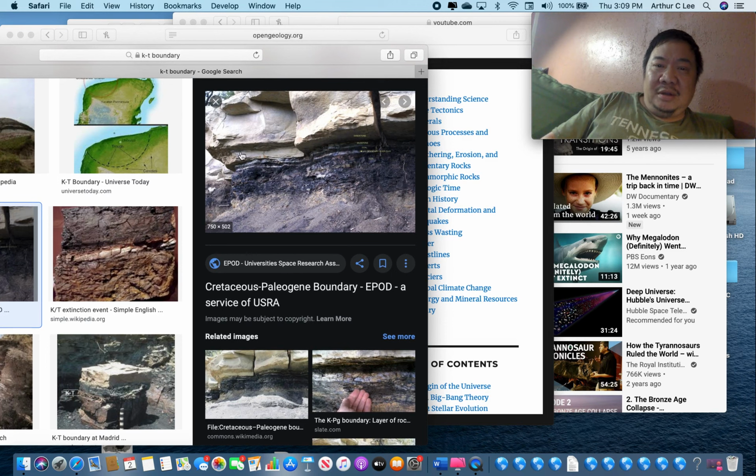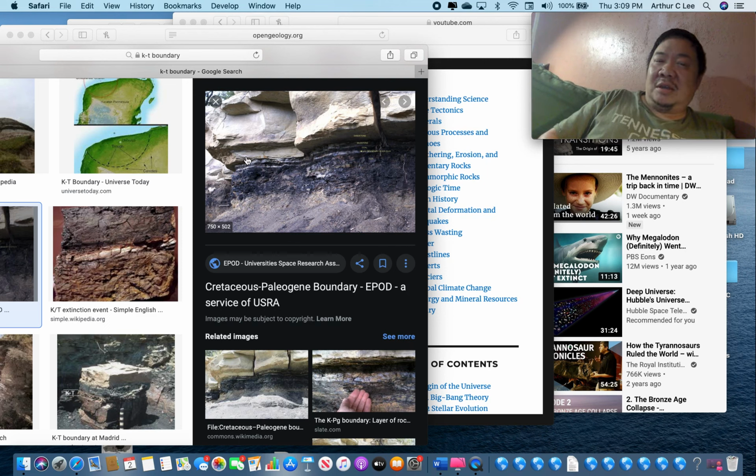And right here, see the sandstone that's lighter in color? And you see these darker rocks? Well, these darker rocks would contain dinosaurs and mark the very end of the Mesozoic. And this boundary between this lighter sandstone and these darker rocks is the KT boundary.